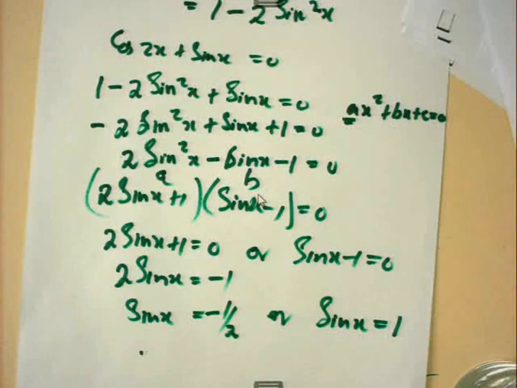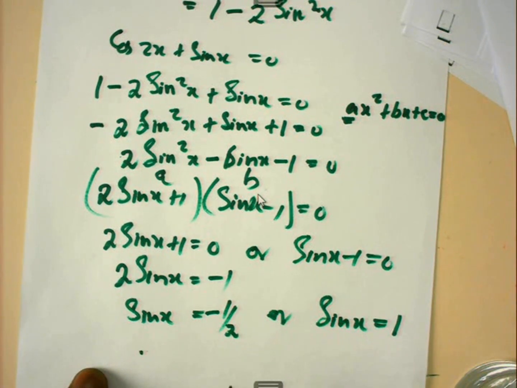Welcome back. We ended up solving cos 2x plus sin x is equal to 0, and we ended at the stage where sin x was equal to negative 1 over 2, or sin x is equal to 1.